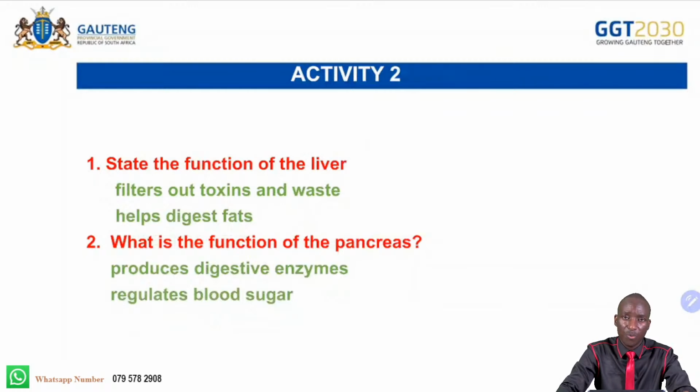We are supposed to have just the minimum amount of sugar present in our bloodstream. Excess blood sugar will cause some diseases and also affect our health directly. So we need to have such an organ which is able to regulate the amount of sugar in our blood. So these are the answers to activity number 2, which is also our last activity.